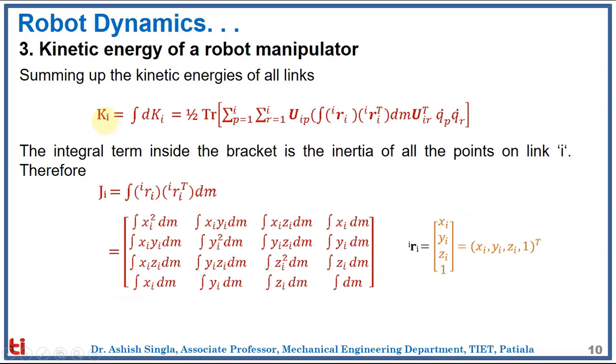So the sum of kinetic energies of all links is the integral of dki, equal to half trace of this expression. And in this expression, we find that this value, which is nothing but r transpose dm, is given by the inertia tensor. The inertia tensor is a matrix which gives the idea of the moment of inertia of a 3D object when it is rotating with respect to different axes.